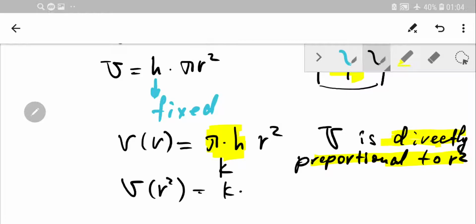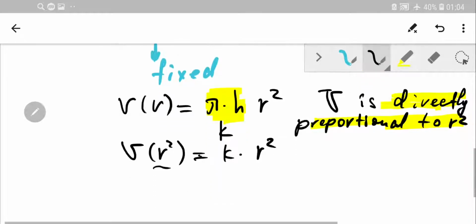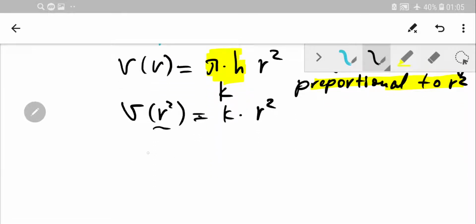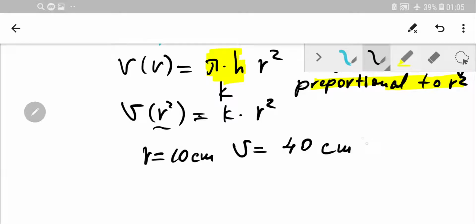So it's k times r squared. So now we have the same direct proportionality, because now we are exploring dependency on r squared. For example, you might be given again that when radius is 10, let's say the volume is, say, 40 centimeters cubed.